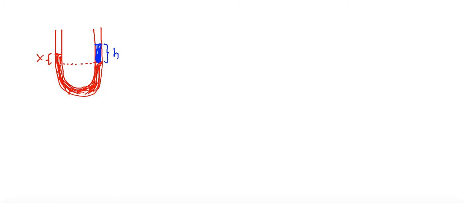If the pipe is open, then atmospheric pressure is experienced by both liquids. But at this depth, the total pressure must be the same. So the total pressure on the left part must be the same as the total pressure on the right part. So we can write P left is equal to P right.